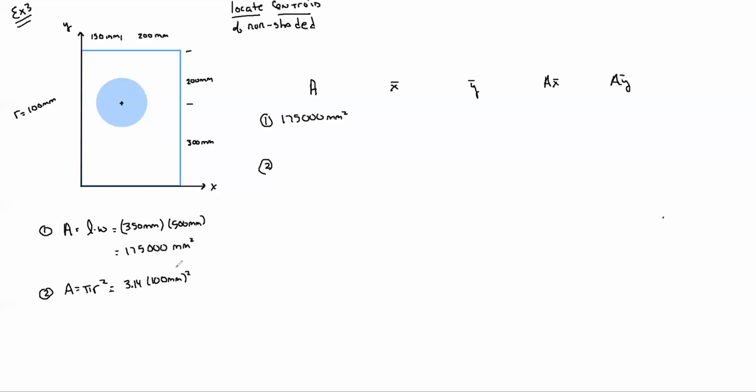So 3.14 times 100 is 314, times another 100 is 31,400 millimeters squared.